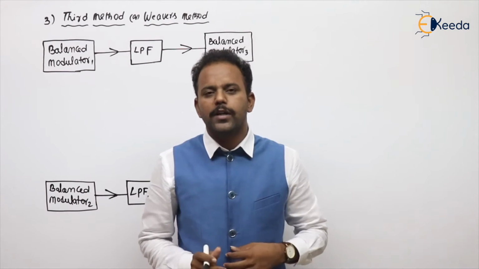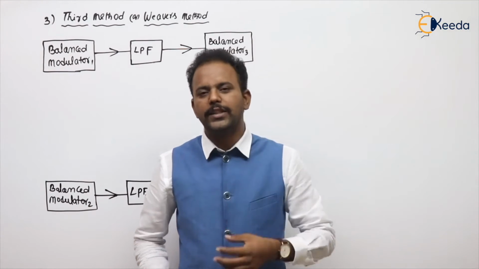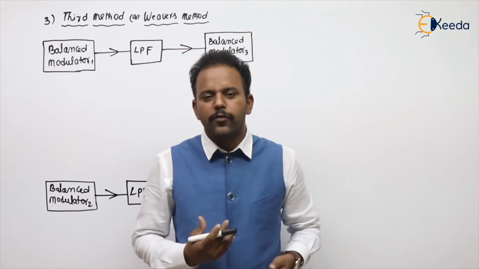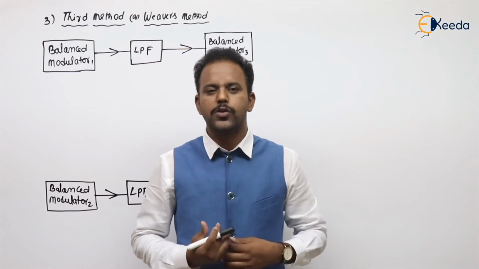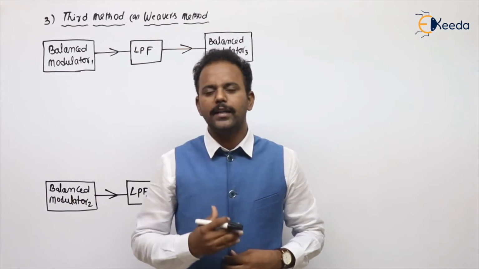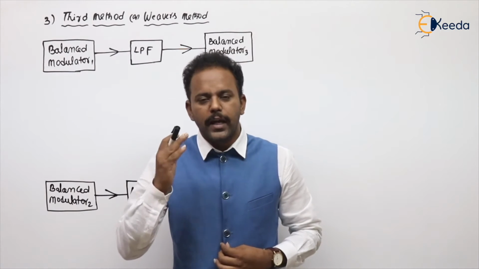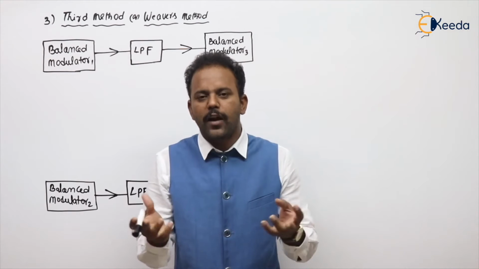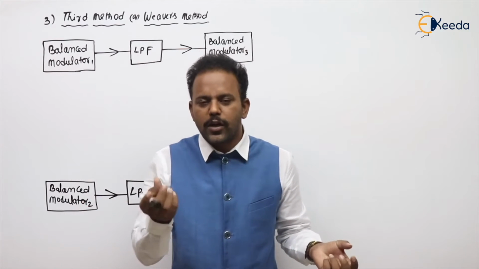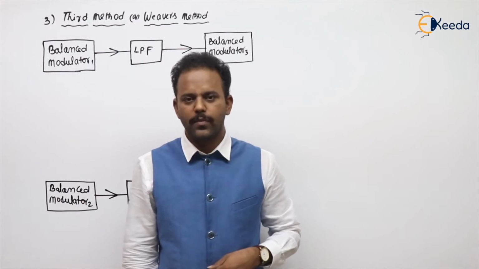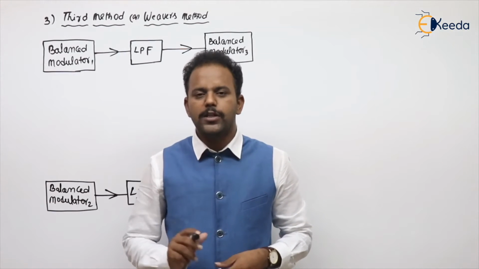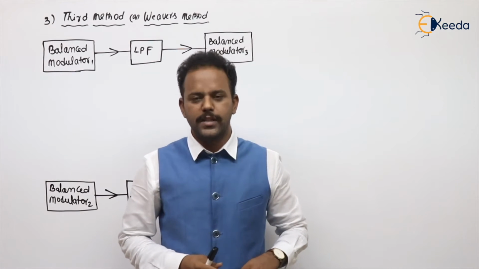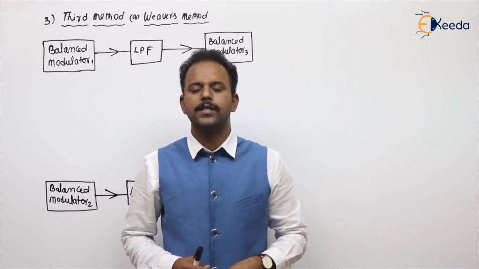But audio frequencies are in a low range; if omega is in a higher, infinite range, then getting the phase shift is not possible. So by avoiding the disadvantages of the AF phase shift circuit, which has to give the phase shift for a large range of frequencies, and since for a short range it can generate, Weaver's method uses the concept of phase shifting for a low range of audio frequencies.